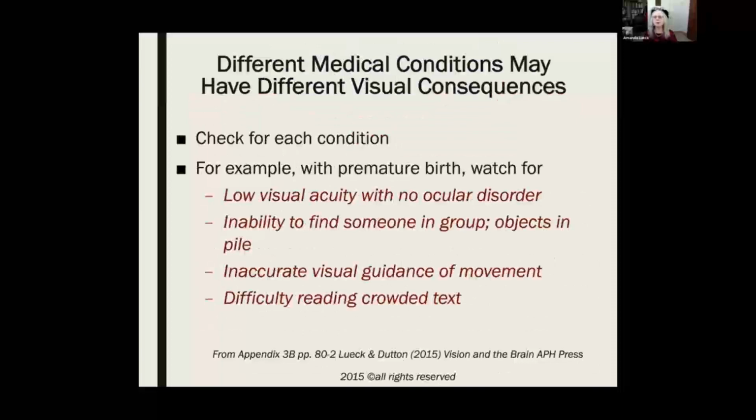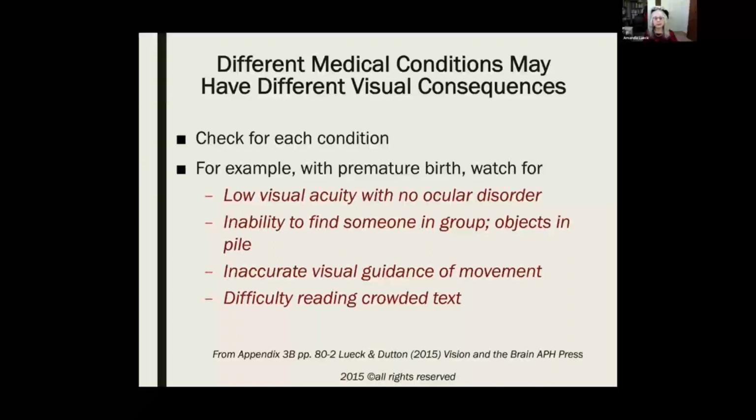Different medical conditions may have different visual consequences. One needs to check for each condition. For example, with premature birth, we have to look for low visual acuity with no ocular disorder, inability to find someone in a group or objects in a pile, inaccurate visual guidance of movement, and difficulty reading crowded text.